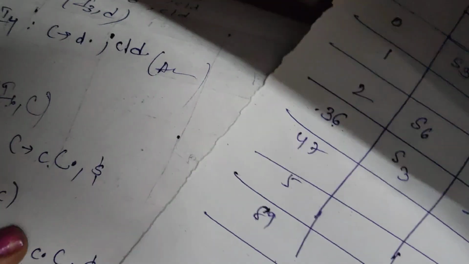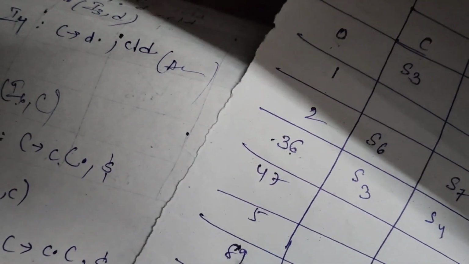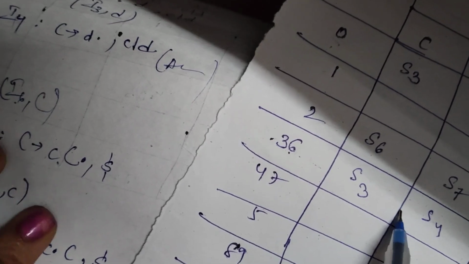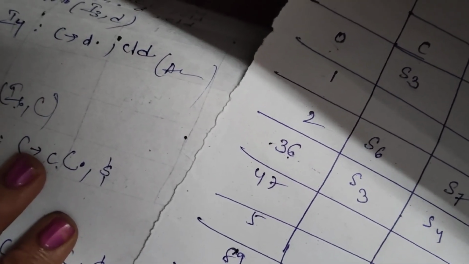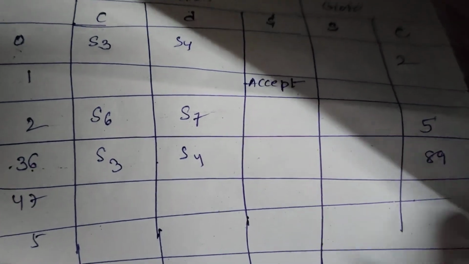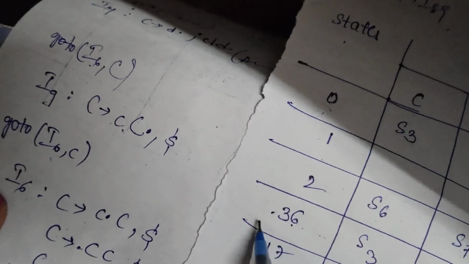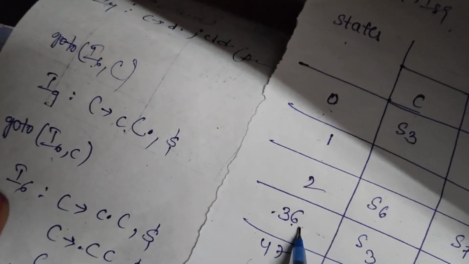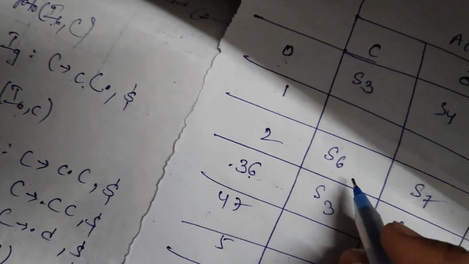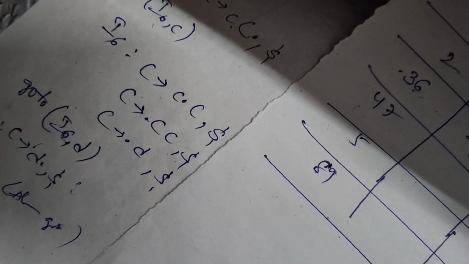Next, 6 comma capital C is 9. Next, 6 comma small c is 6, so you can write here 6. Next, 6 comma small d is 7.